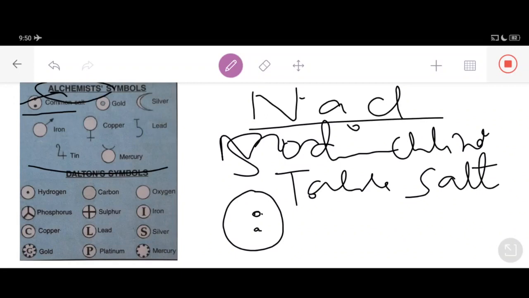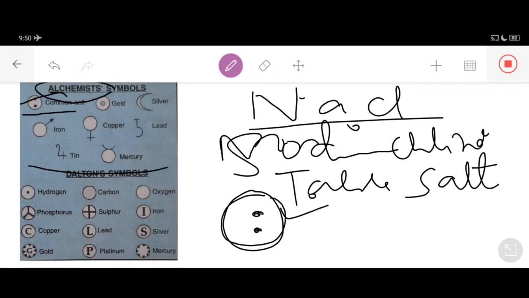It was very difficult for those people to remember NaCl, sodium chloride, because in ancient times, these symbols were not known. So to remember sodium chloride, I mean table salt, common salt, they were remembering it like this.